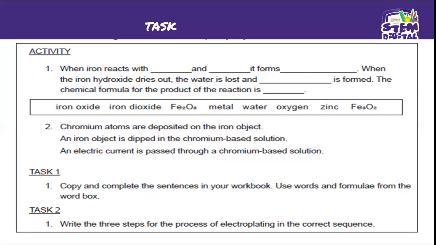Since typing is a bit of a problem sometimes, let's continue. So let's get going.